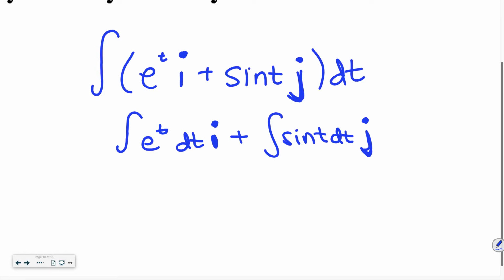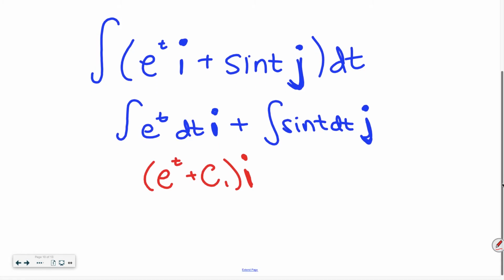So, ladies and gentlemen, what is the antiderivative of e to the t? e to the t plus C. We have to write plus C. I'm writing C1 here to help you with our transition tomorrow when we have limits of integration.